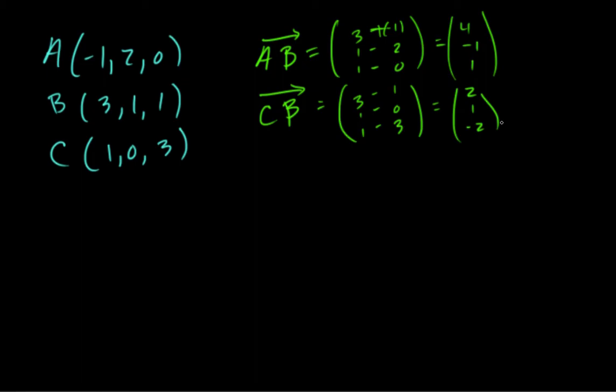If we wanted to see if these are parallel, I would look at the middle, and we'd have to multiply this by negative 1 to turn it into this. But if I multiply 4 by negative 1, it doesn't become 2. So we know that those are non-parallel.